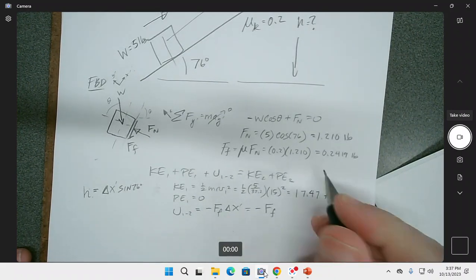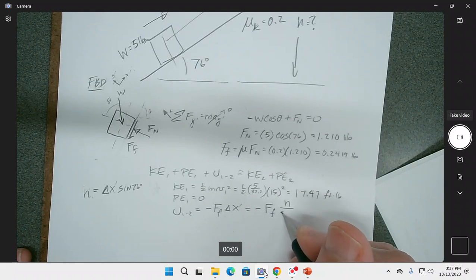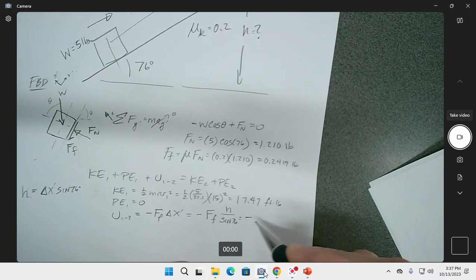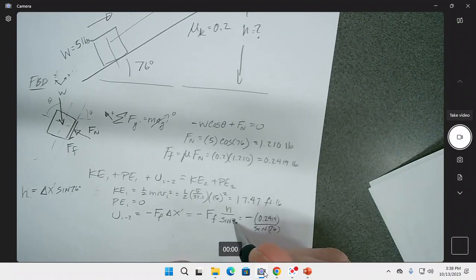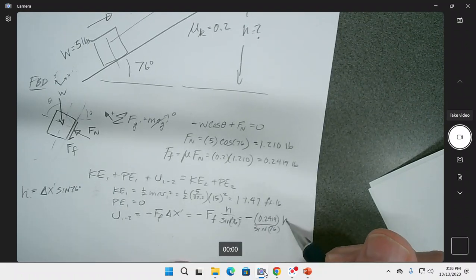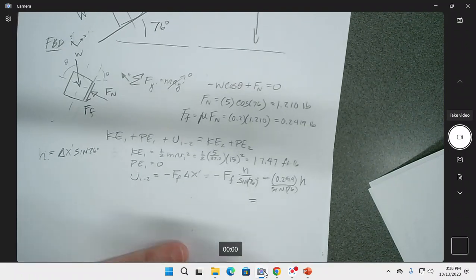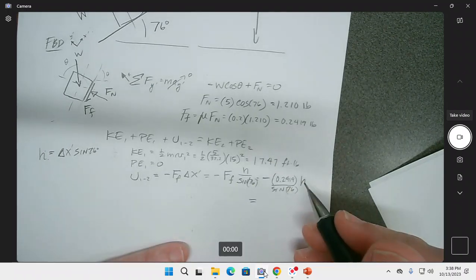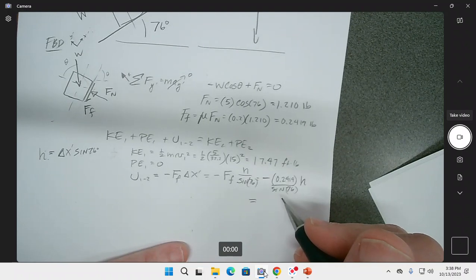Negative Ff times H divided by sine of 76, which we could make as a number. I don't know why I did that. But anyway, you go 0.2419 divided by sine of 76 times H. Boy, that doesn't change that much.